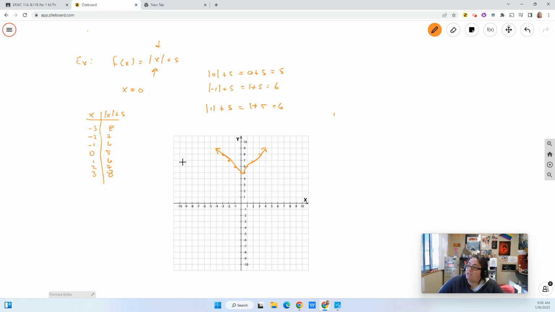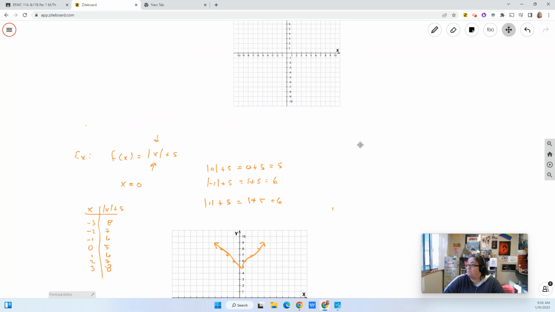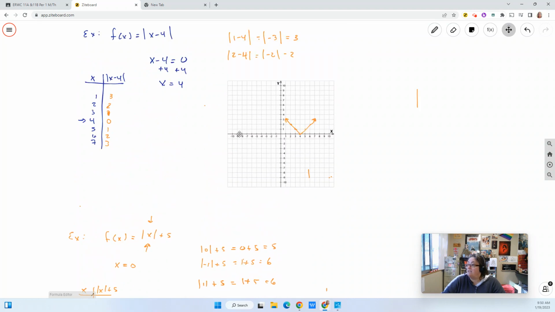So notice when we changed something on the outside of the absolute value, it changed the up and down part of the graph, as opposed to when we changed something inside the absolute value, it changes the left and right.